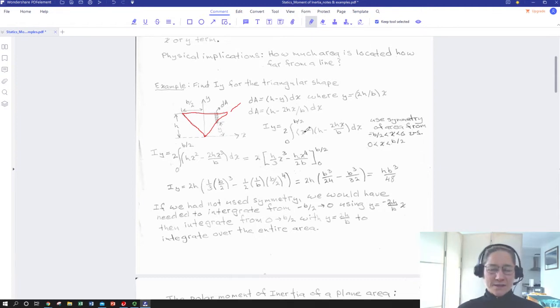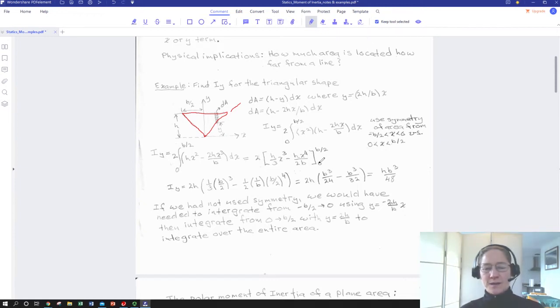The triangle is symmetric about the y-axis, so instead of having to do a piecewise integral from negative b over 2 with a line with a negative slope, and then add to that a second integral with our positive slope line that we just defined, I'm just going to do one side of the triangle and multiply by 2, because that's going to give me the same answer. So I'm using the symmetry of the area of the triangle, and so I'm going to integrate from 0 to b over 2, multiply by 2, and when I do that, I get this expression.